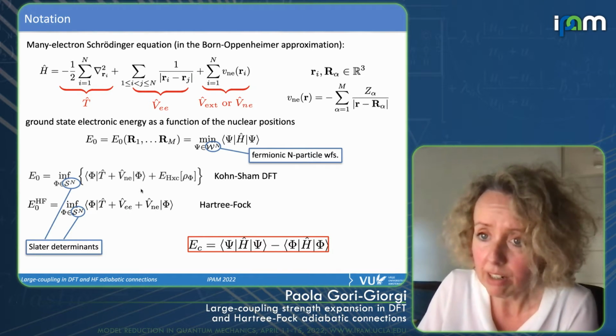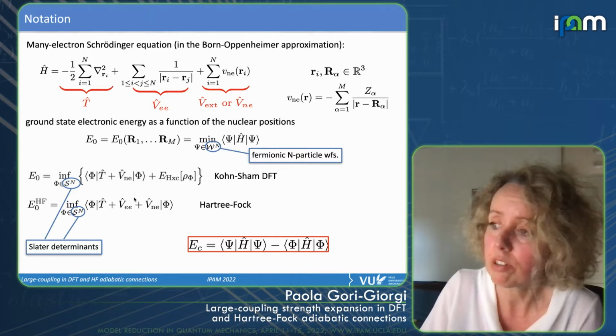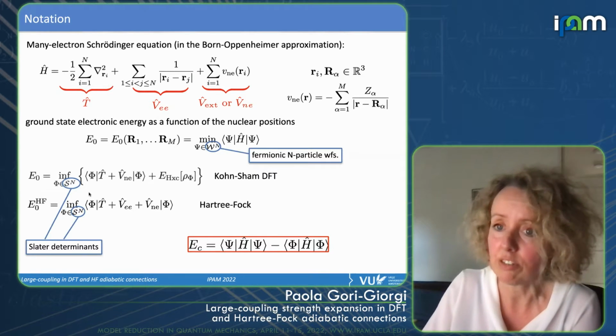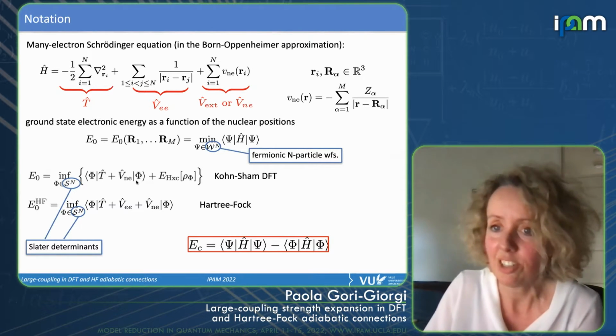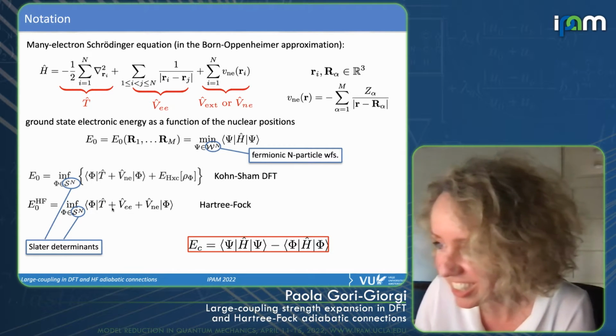And in this talk I will focus on both Kohn-Sham DFT and Hartree-Fock. I guess everyone is well aware of those theories, but I have them here in one line.